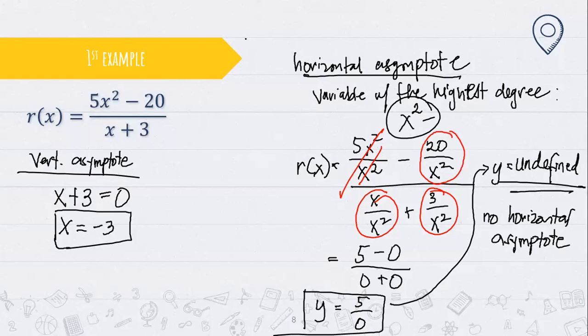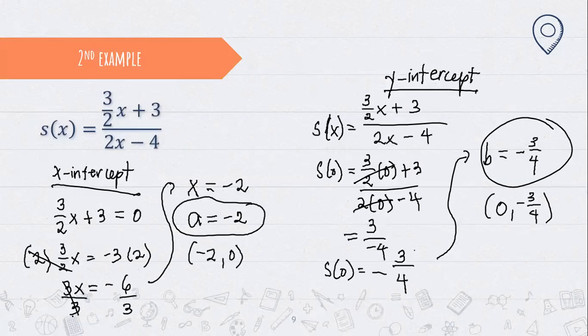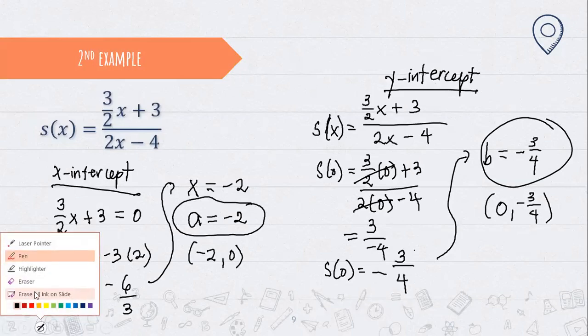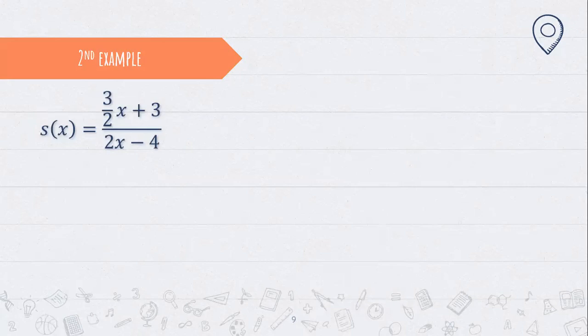Okay, sige, proceed tayo for example number 2. S of x is equal to 3 over 2x plus 3 all over 2x minus 4.